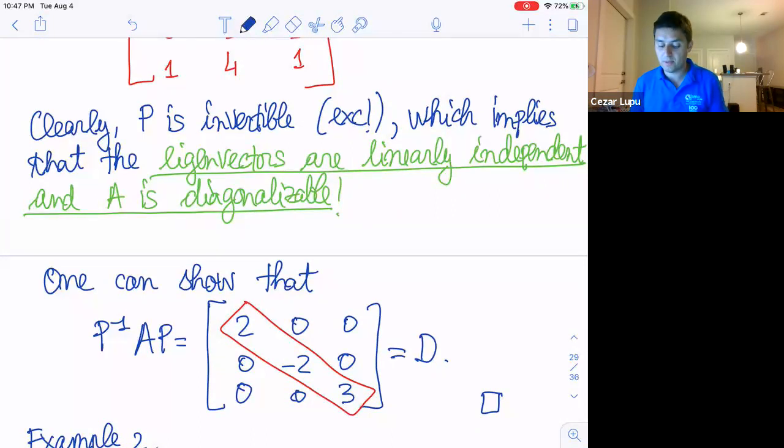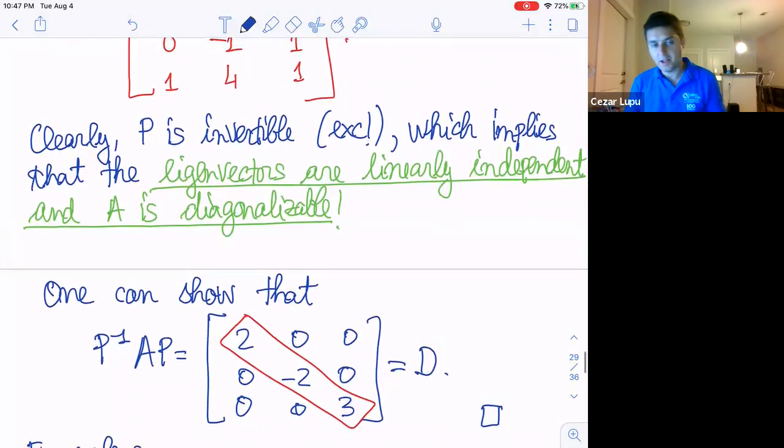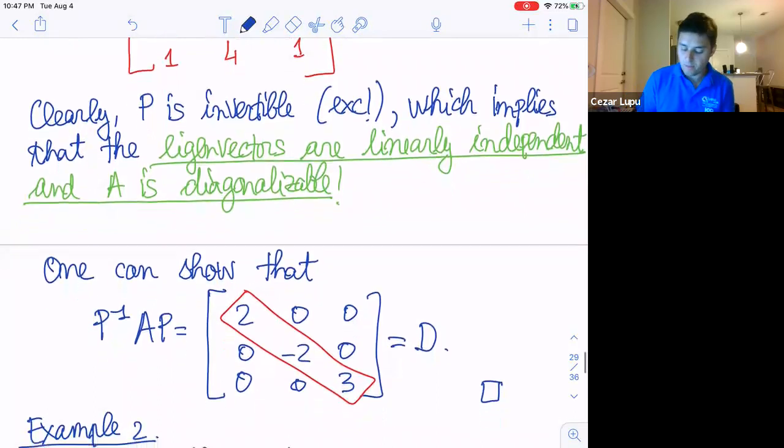That's like a dream come true, to do these kinds of operations in such a way that the resulting matrix will be diagonal, which happens in this case. We obtain this diagonal matrix, and the elements on the diagonal are 2, negative 2, and 3, and the rest are 0. So we diagonalized the matrix. We showed that it's diagonalizable, and this is its diagonal form.